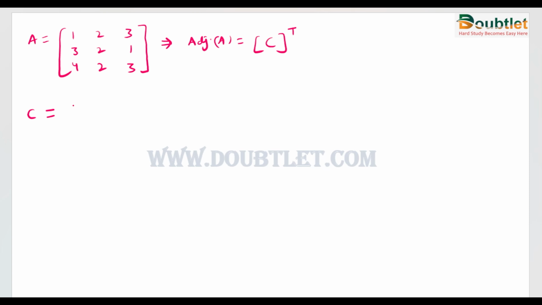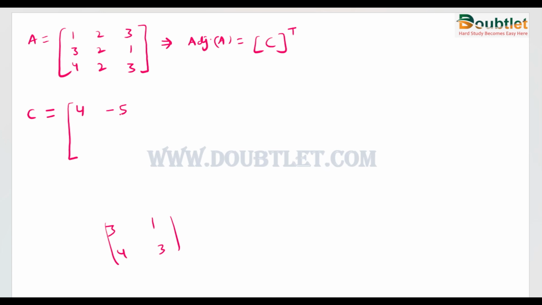We will remove this row and this column. Then we need to find the determinant of the remaining matrix. So 3 times 3 is 9, minus 2 times 4, which is 8, gives 1. Then for the second element, we need to find the determinant of 3, 1, 4, 3. So 9 minus 4 is 5.